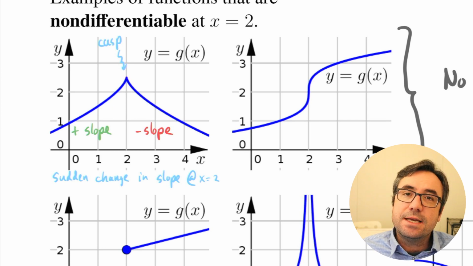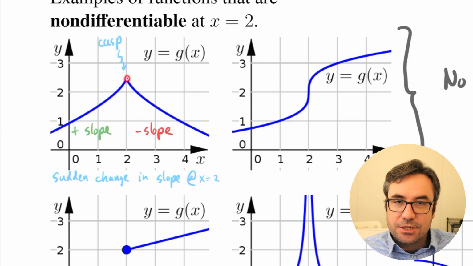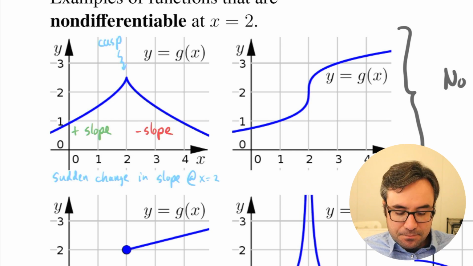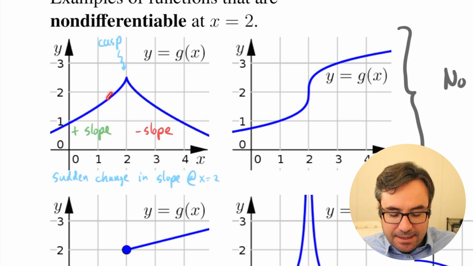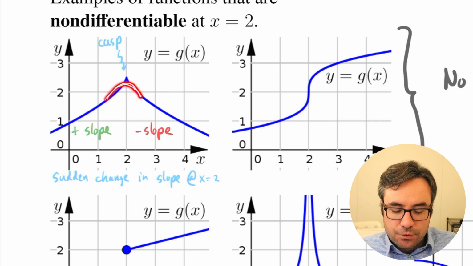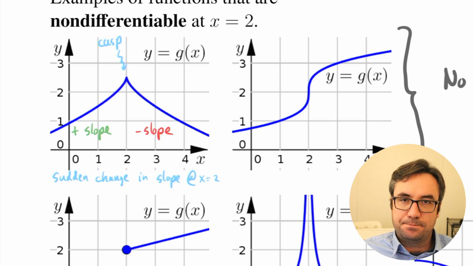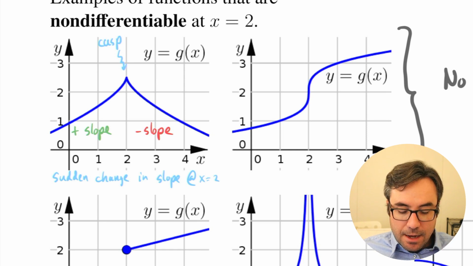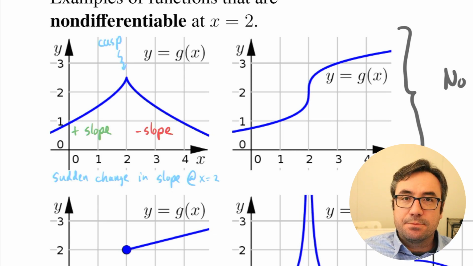And so that's what we're seeing here: it just comes to a point. It's not a gradual or smooth transition. It's this abrupt switch over. So we call that a cusp or a corner.